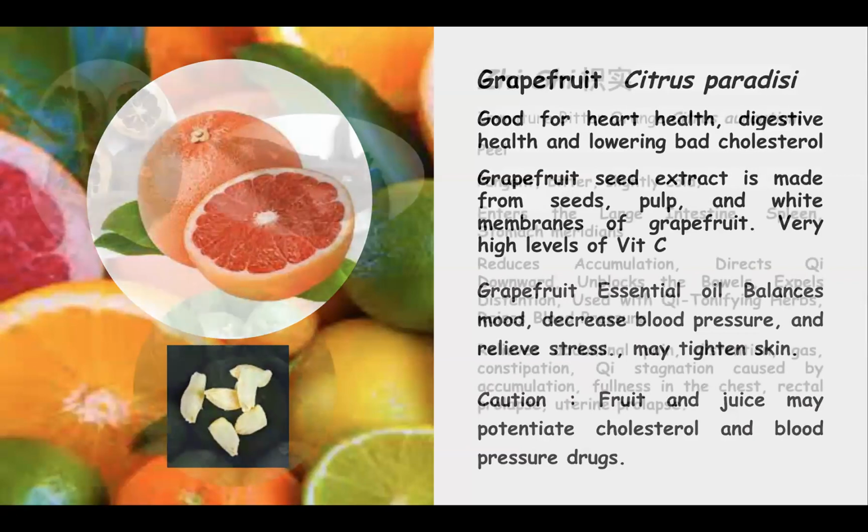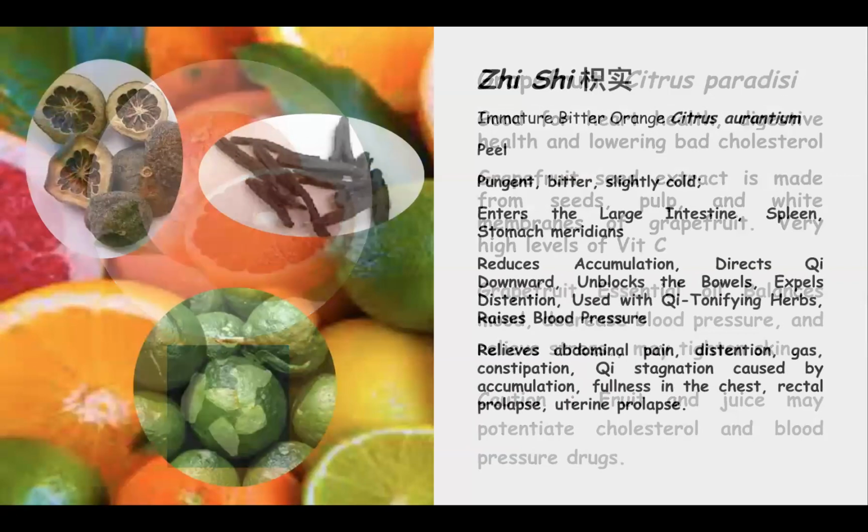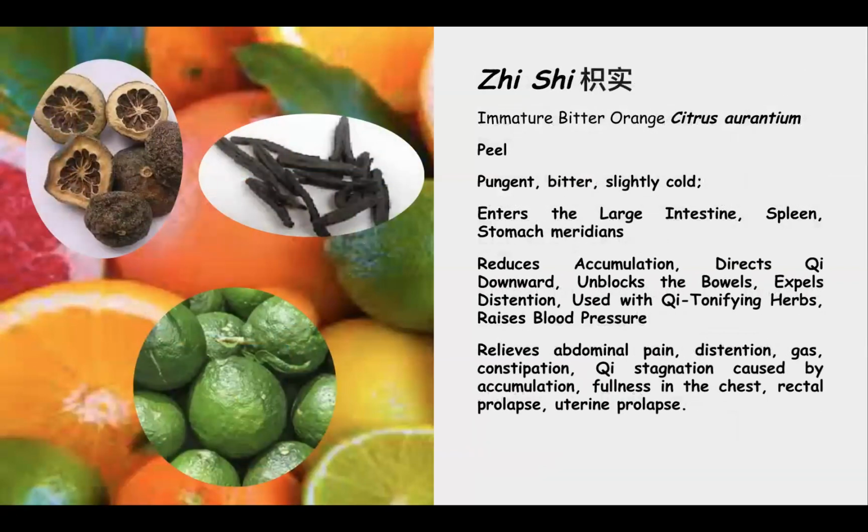Now, our next miscellaneous but very wonderful citrus is called Citrus aurantium. It's immature bitter orange. And in Chinese herbal medicine, it's called zhishe. And I can tell you, this is in pretty much everything.